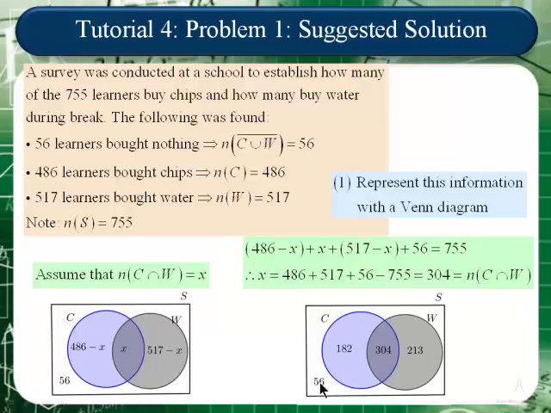So what do we know here? 182 learners buy chips only, 304 buy chips and water, 213 will buy during break water only, and 56 will buy neither water nor chips. So this then answers the first part of the question.